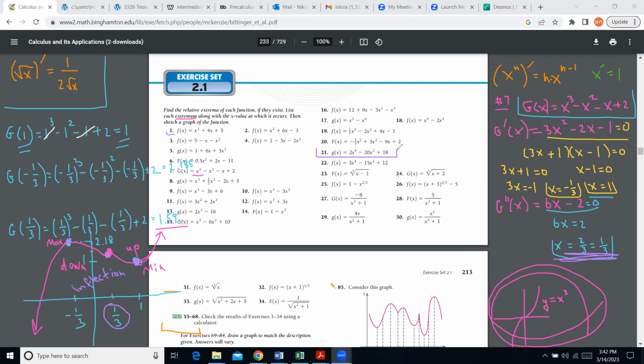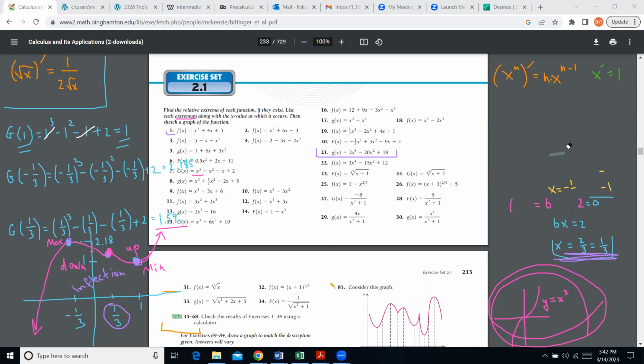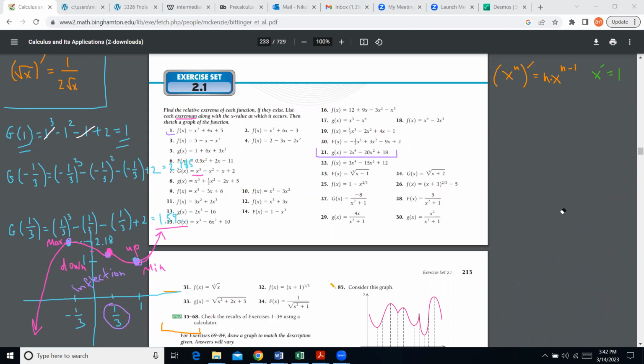And I will follow exactly the same set of steps. So I'm going to find the first derivative, and then I'm going to find the second derivative, and I'm going to make them both equal to 0. And that's really all that brings us to those special points, the maximums, minimums, and inflection.